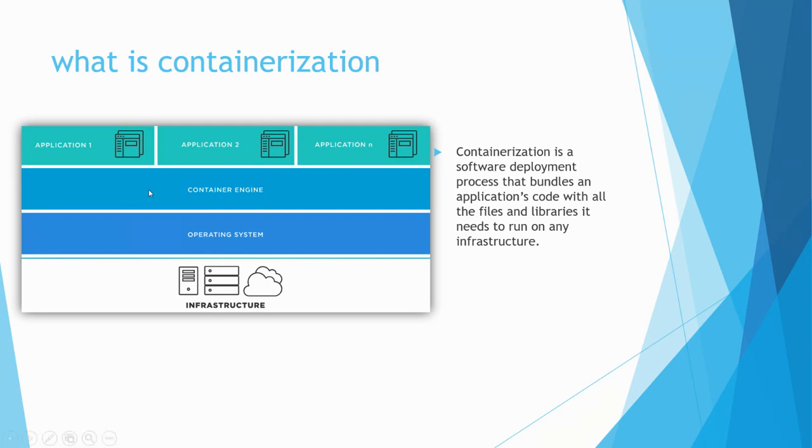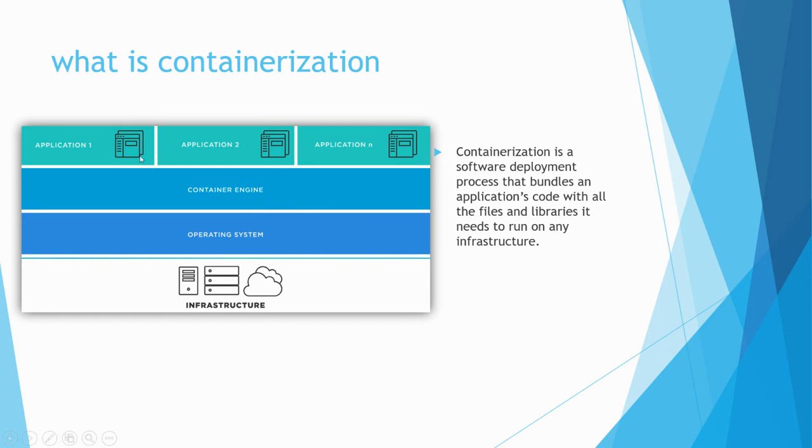Okay, so how will this container actually run over the VM machine? Initially we have the infrastructure. Over that we have the operating system. In our case, our operating system will be Ubuntu. Over the Ubuntu operating system, we will have a container engine.